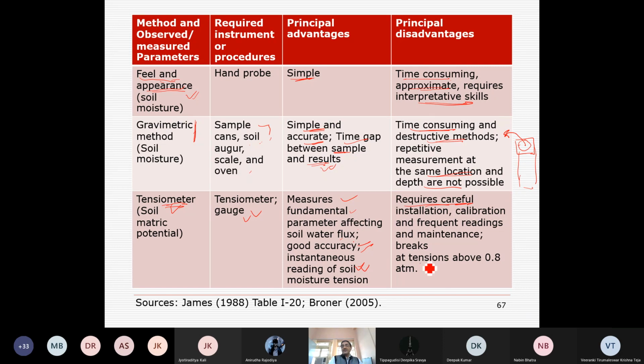And the second condition is it cannot be used when soil moisture suction is more than 0.8 or maximum 0.85 atmospheric suction pressure. So these are different methods we can use to schedule, to plan irrigation, frequency, timing, and amount.